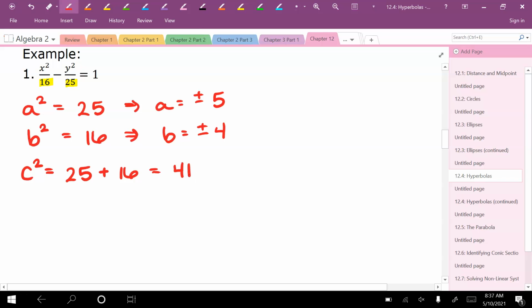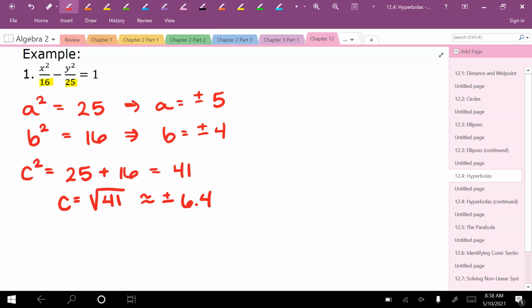And so I'm going to need just regular c. So again, we're going to square root that c squared, which we found to be 41. And like what happened with ellipses, most of the time here, you're probably going to get a decimal. It's possible to get a whole number because there is chances of you getting a number that is able to be square rooted. But like this one, I'm going to have to round it. So this one is about 6.4. So plus or minus 6.4 there.